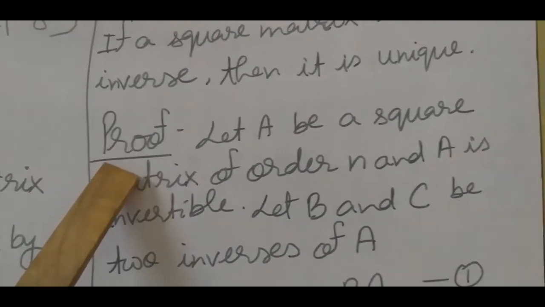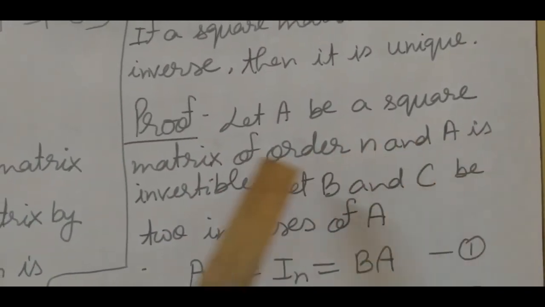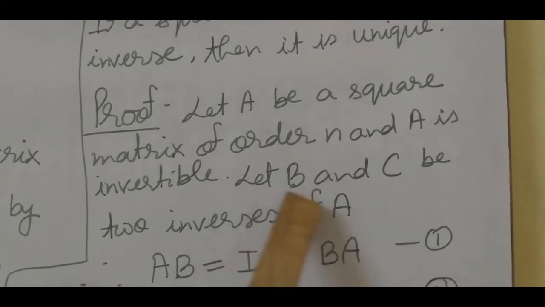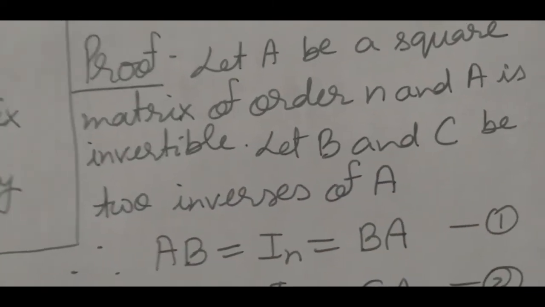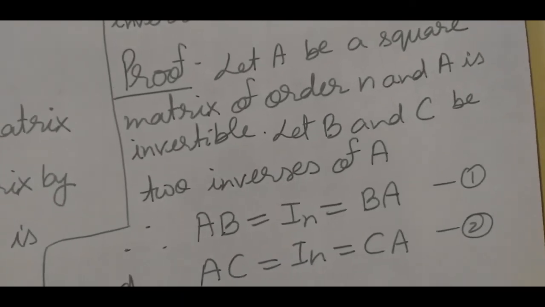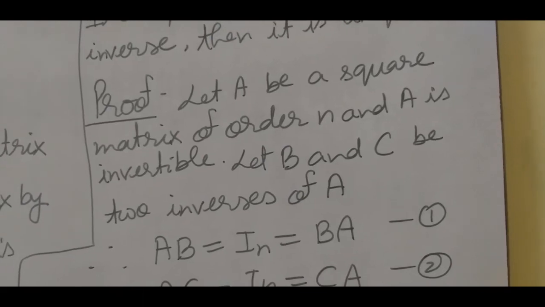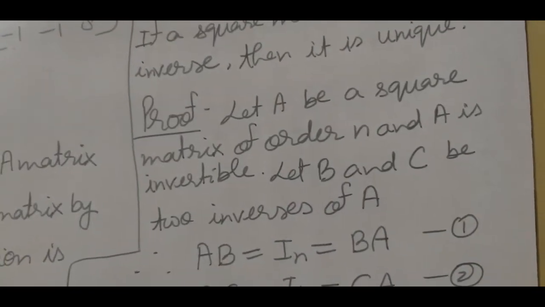So how can you prove this? Let A be a square matrix of order n and A is invertible. Let B and C be two inverses of A. Okay, I have taken two inverses. At last we can prove B equals C, which means both are equal, which means there is only one inverse.